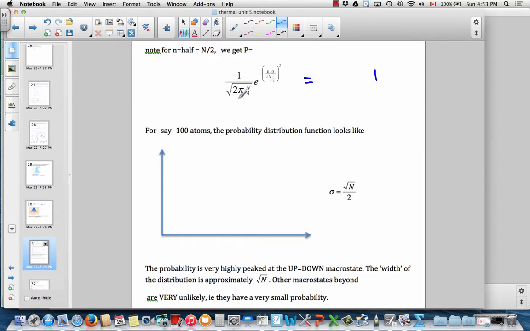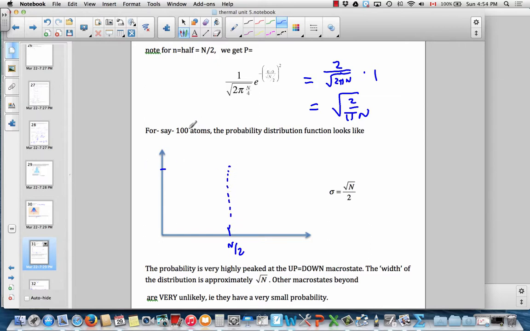So that is the root of 2 pi n all over 2. And then we could bring the 2 up here. And that simplifies, of course, to the root of 2 over pi n, which is exactly what we found before as being the probability of that n over 2 state.